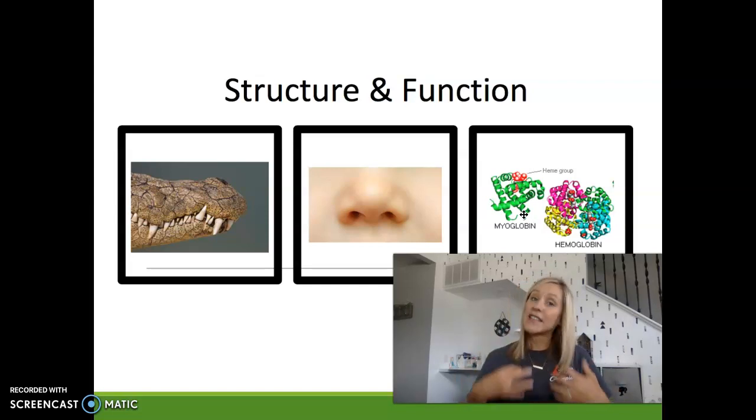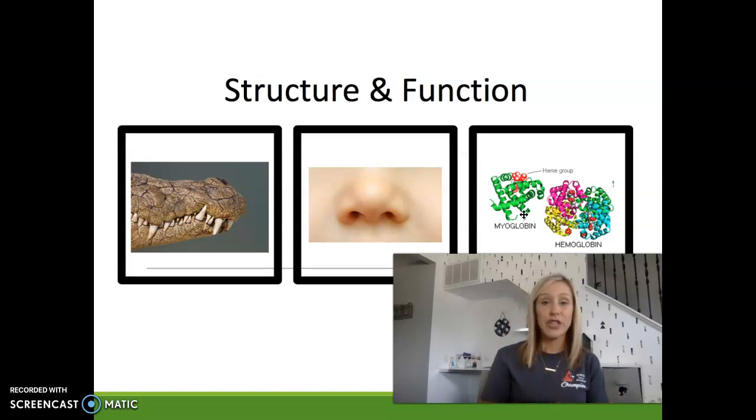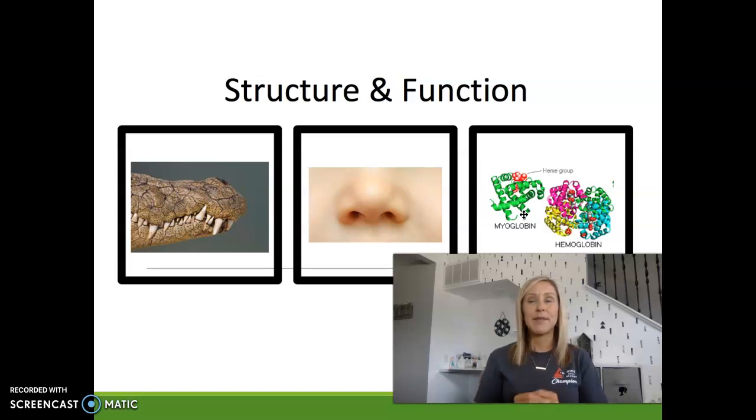And in our bodies, we need proteins, and we can actually identify proteins by their shape. All right, so it would be like being able to look at a tic-tac-toe board and looking at an X and an O, and we'd be able to identify the name of that protein by their shape. All right, and because of their shape, we know the function of those proteins.